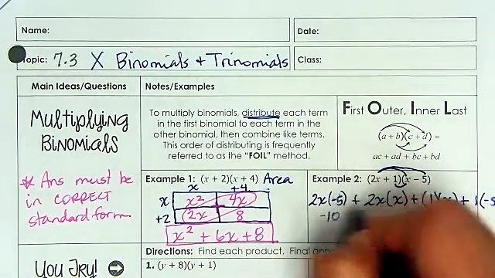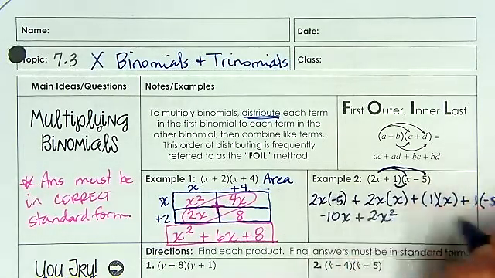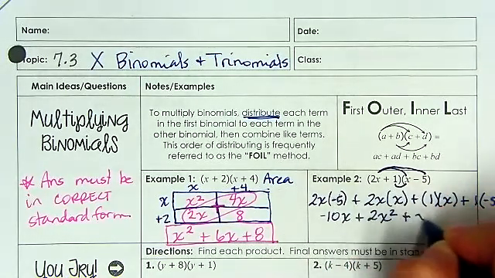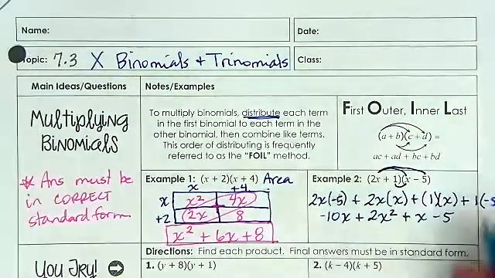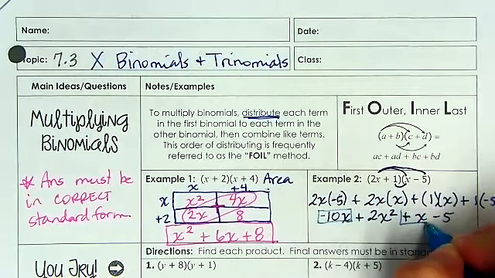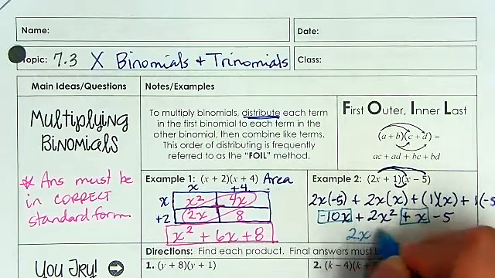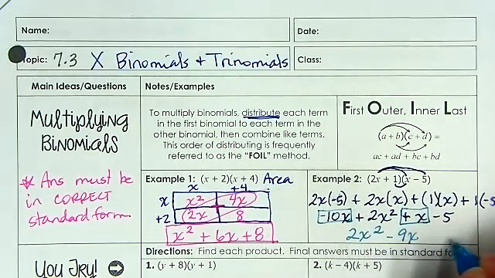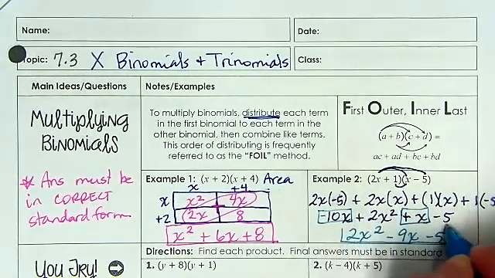So we have -10x plus 2x squared plus x minus 5. And now we combine our like terms, which is going to be, and we write it in correct standard form, 2x squared minus 9x minus 5. And there's our final answer.